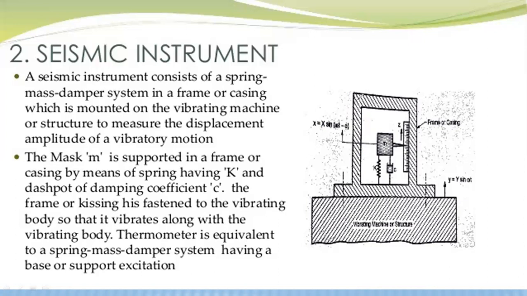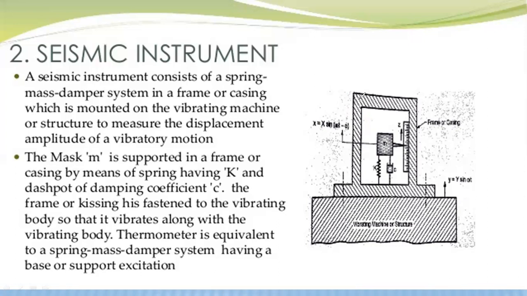So that is the practical consideration of the seismic pickups. In these seismic pickups, frequency response is from 0 to some high limiting value. Steady acceleration can be measured, and displacement and velocity can be obtained by electrical integration, which is preferred to differentiation.